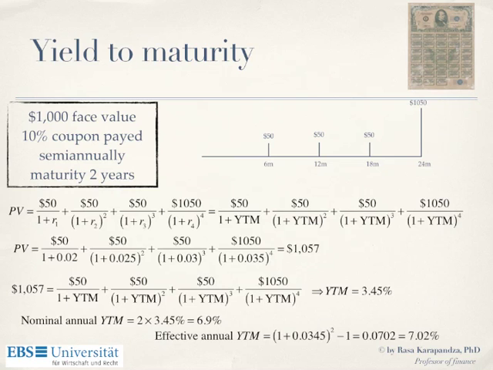Nominal annual means in 6 months you earn half of it. So if I tell you nominal annual rate is 3%, that means for 6 months you earn 1.5%. And this is the rate that you should use here because this is only a 6-month thing. Okay?